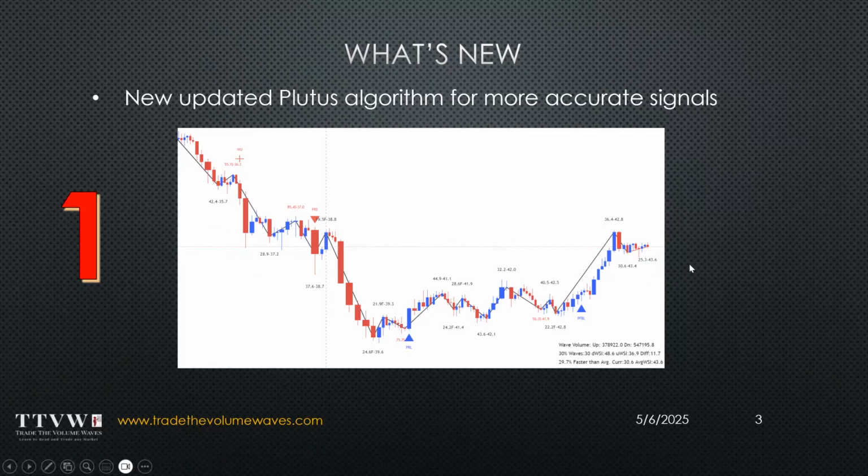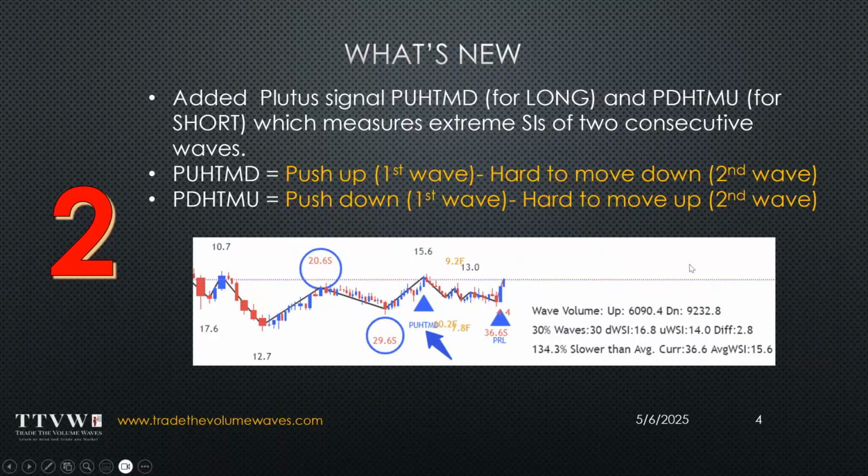Feature number two, I have added one more signal, which is PUHDMD. This is a long acronym, but you just have to remember the PU stands for push up on the first wave and HDMD, hard to move down, for the second wave.